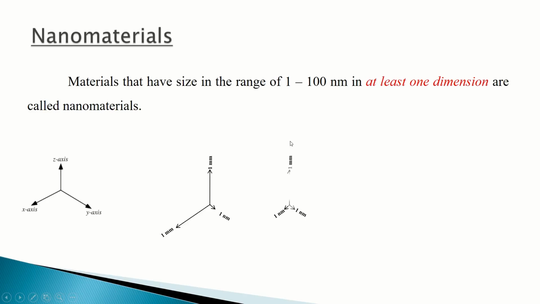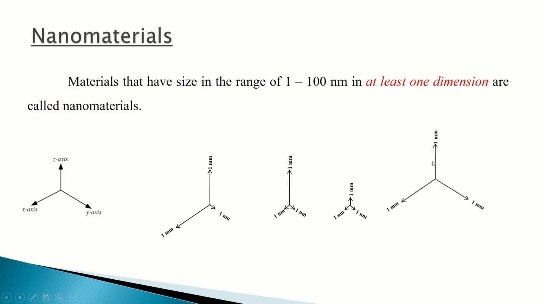In the second example, you have in two dimensions, the range is 1 to 100 nanometer and in one dimension, it is outside the range. The third example, you can see all the three dimensions are in the nano range. So these three categories are coming under the nanomaterials.